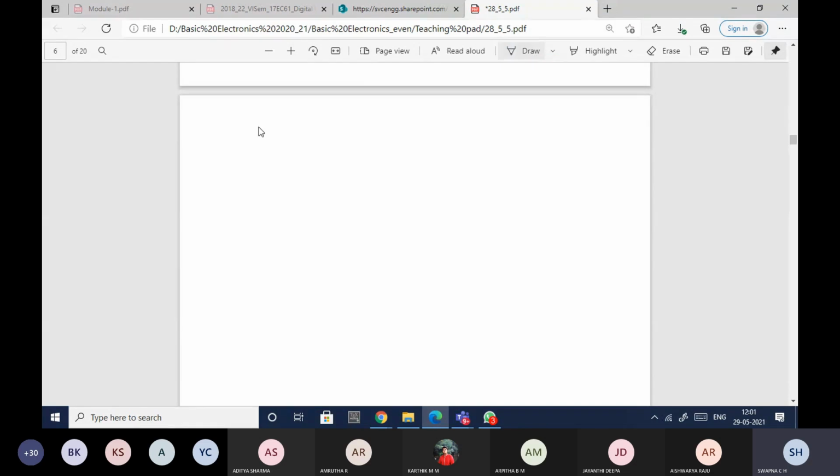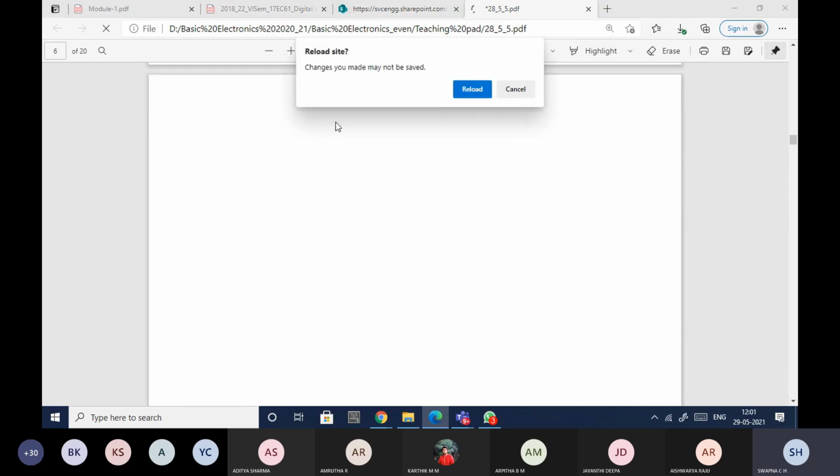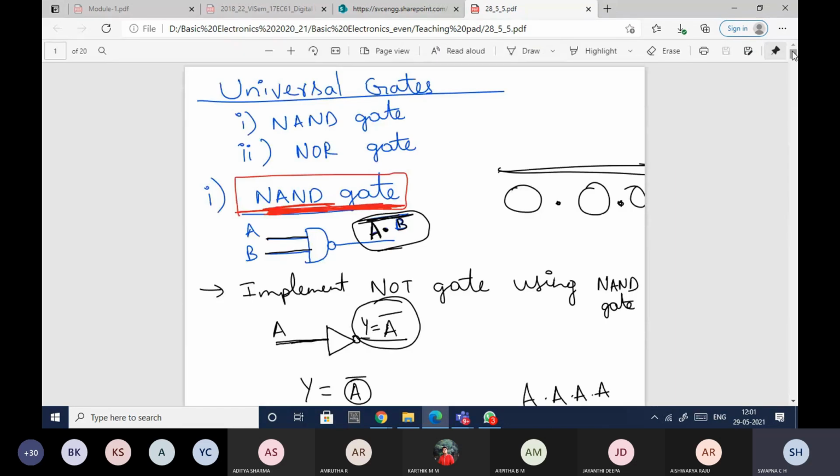So note down the question. Y is equal to, simplify and implement, Y is equal to (X plus Y) into (Z bar plus Y bar) whole bar.